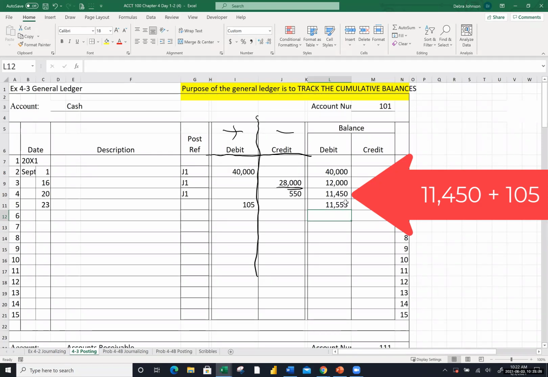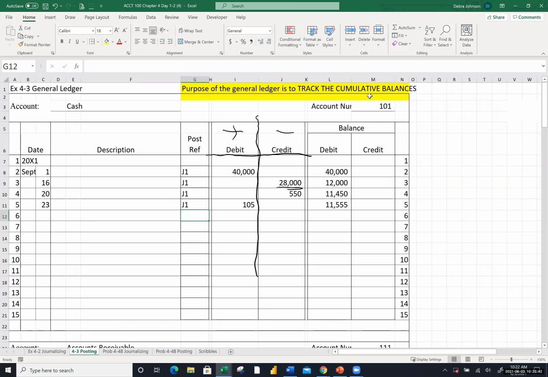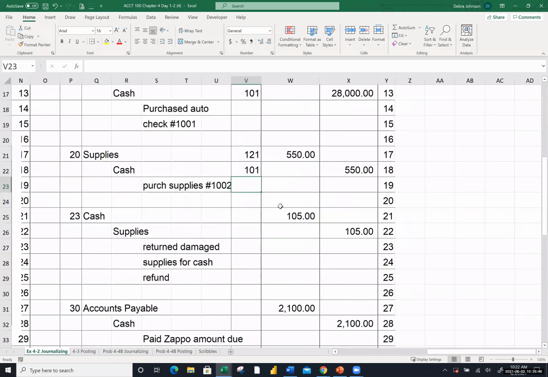Okay, how did we get that? 11,450 plus 105. Debits make asset accounts, including cash, go up. So we're going to reference this. This came from the journal, page 1. And back over on that journal, I'm going to put our cash account number, 101.